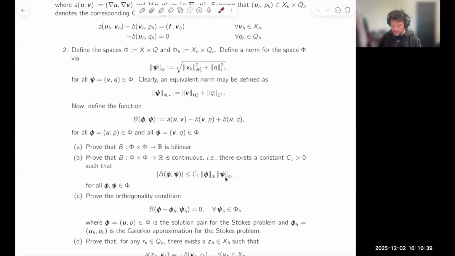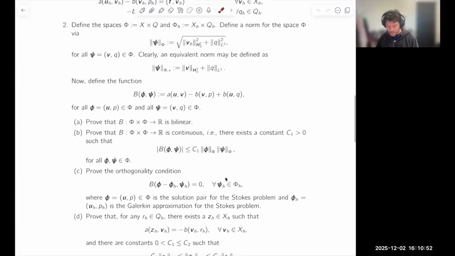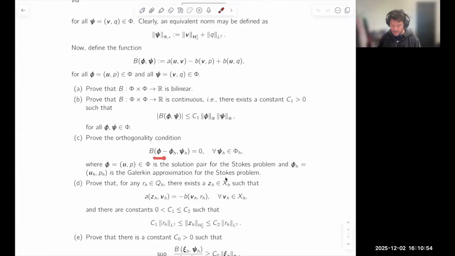However, it is bilinear, and it's easy to show that it's continuous, that it satisfies some inequality like this for some constant. It's also pretty easy to show that an orthogonality condition holds of this type. I'm going to remind you, or at least maybe show you if you've never seen it, how I can add or subtract two elements together for these product spaces.